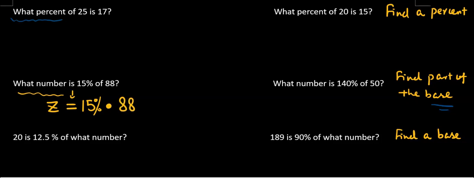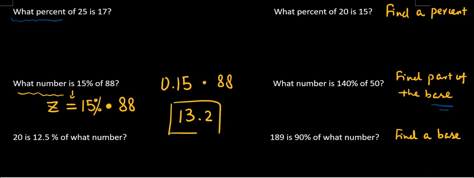Oh, that's a simple fix. All we need to do is use 0.15 multiplied by 88. And we have 13 and 2/10. That is the missing number, Z.